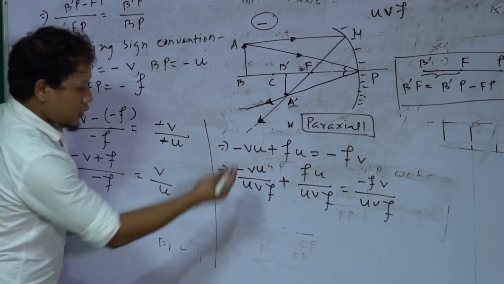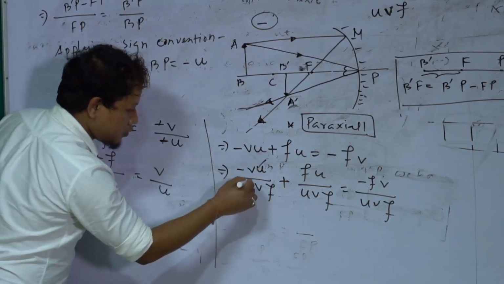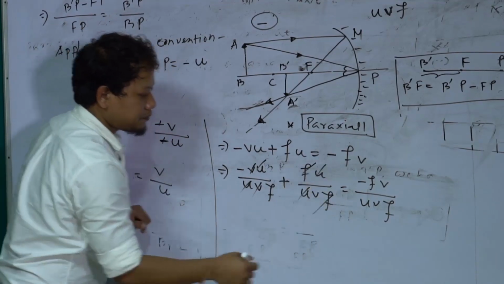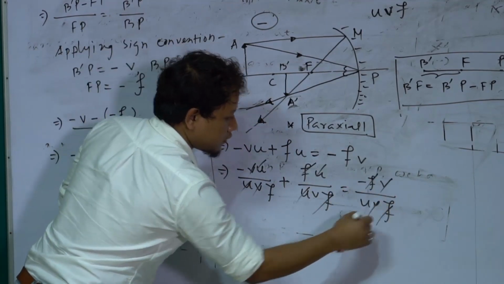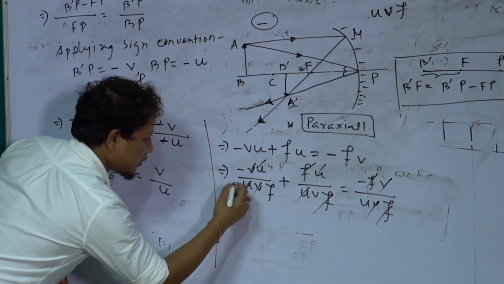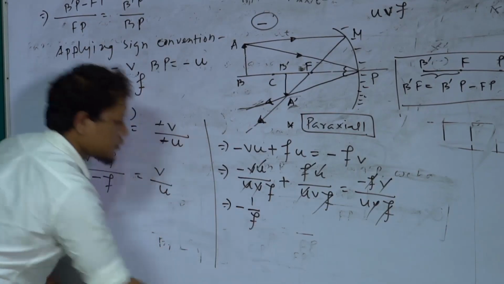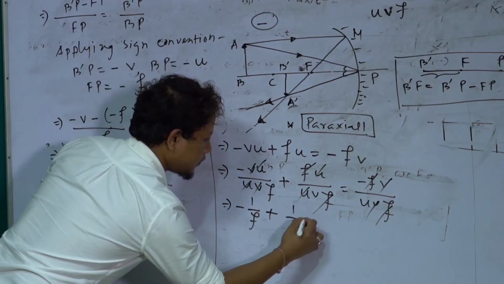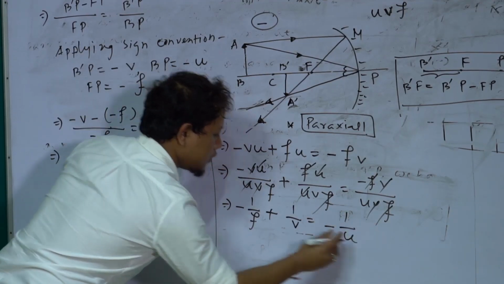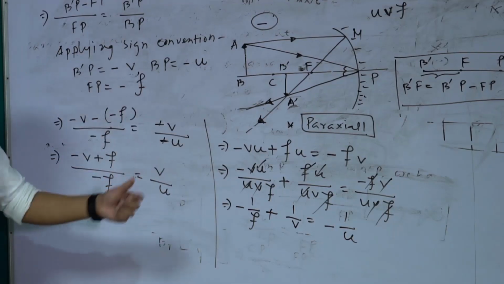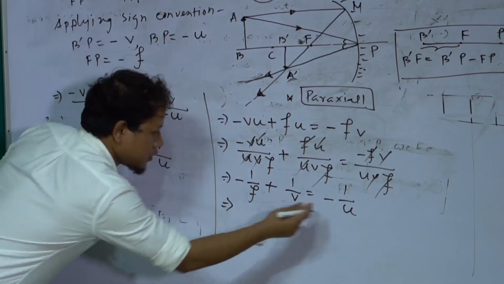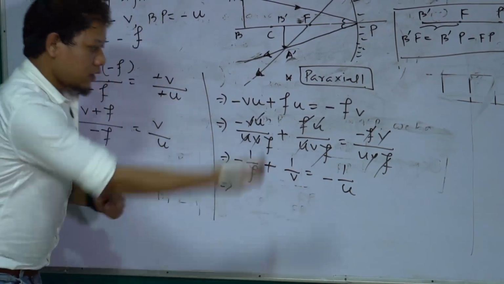Now you can cut the like terms. U cancels out, so F we can cancel, U. After cancelling out, we got minus 1 by F plus 1 by V equal to minus 1 by U. So we'll arrange the equation so that it looks good. I'll transfer this term to the other side.